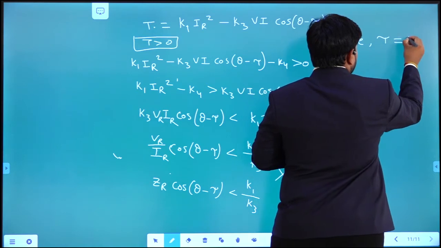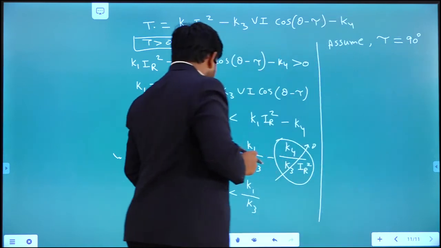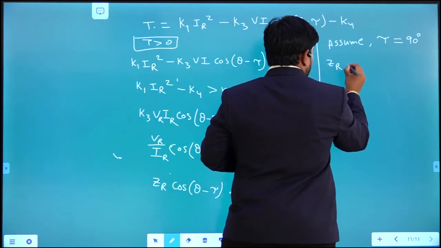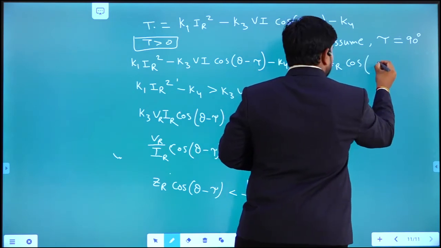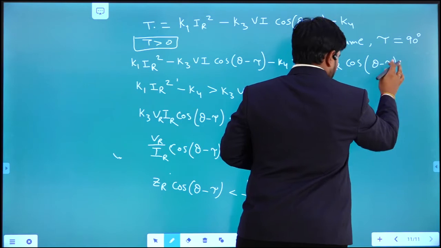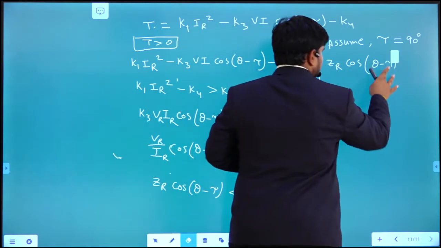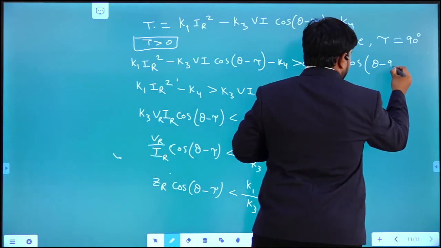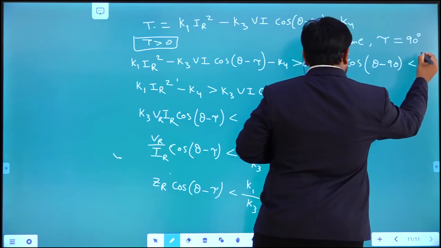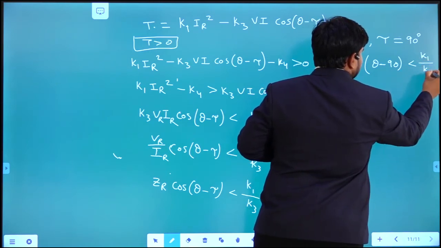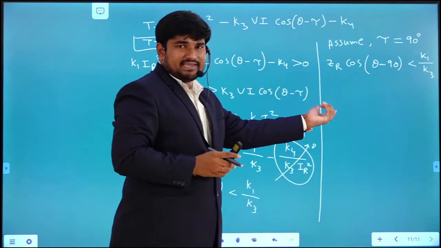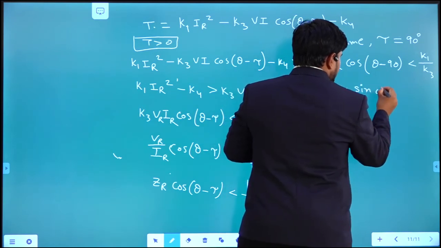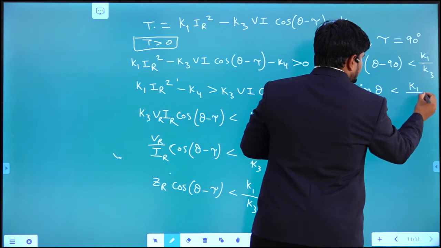The expression can be rewritten as ZR cos of theta minus tau, that is ZR cos of theta minus 90, which is less than K1 by K3, right? What is cos of theta minus 90? It is sin theta, right? That means ZR sin theta is less than K1 by K3.